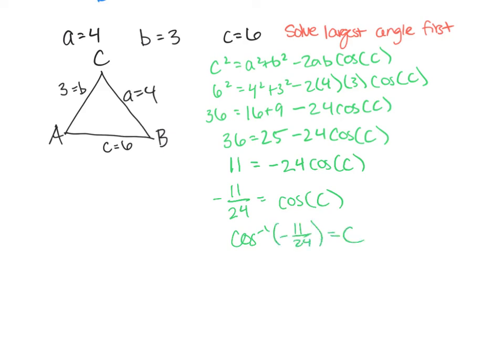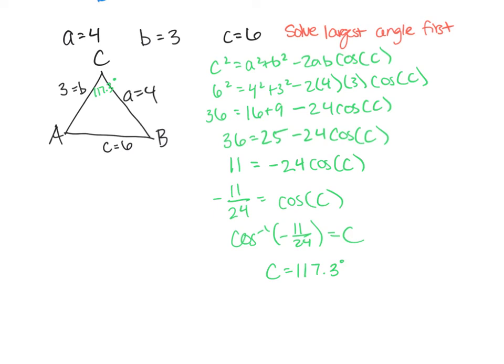So we have C is equal to cosine inverse of negative 11 over 24. Or when I plug that into my calculator, I get 117.3 degrees. For this problem, we're only going to be rounding things to the first decimal place since we're only dealing with angles. But here we are, first step done.